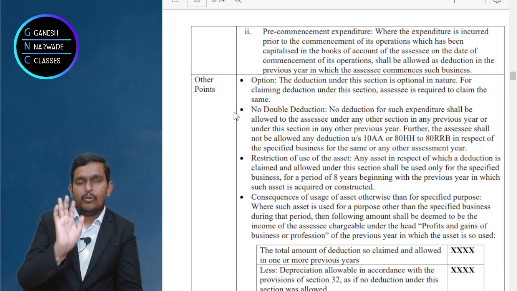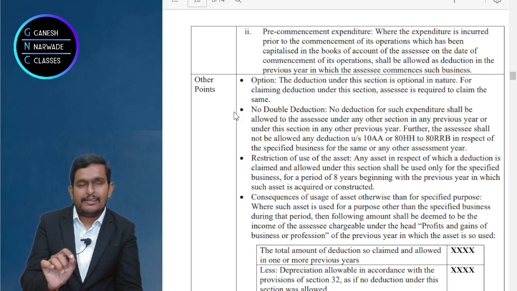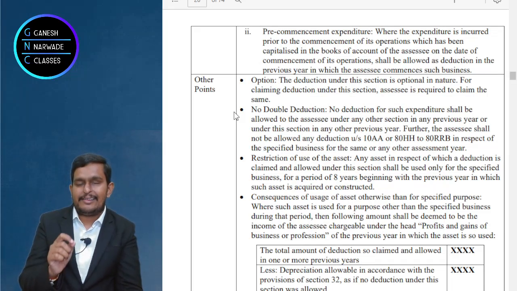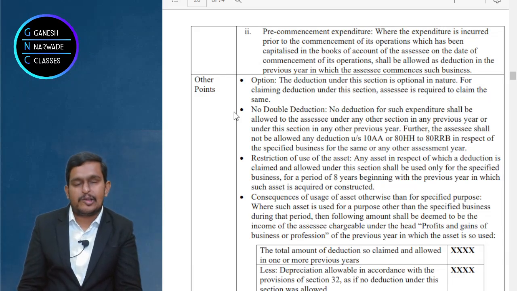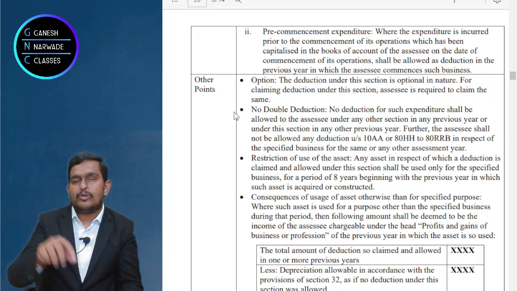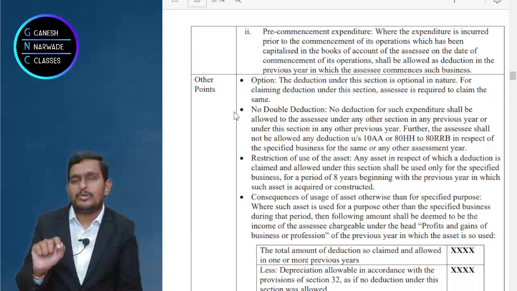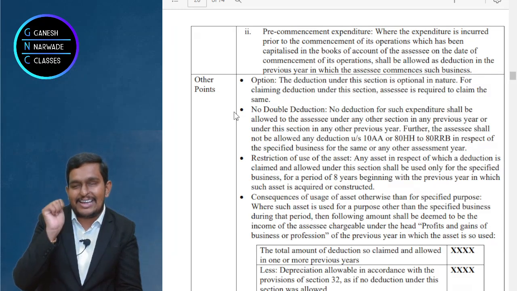So it is optional whether you opt for 35 AD or not. But when you claim deduction under 35 AD, then again you cannot claim deduction under 80HH to 80RRB. Presently in practical life, 80IA to 80RRB. You cannot claim deduction there, because you claimed deduction here, right? So why would you again claim double deduction there? No sir, that section is also satisfied, the conditions are satisfied in that section too.